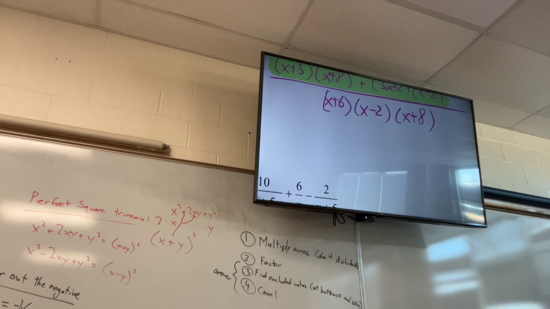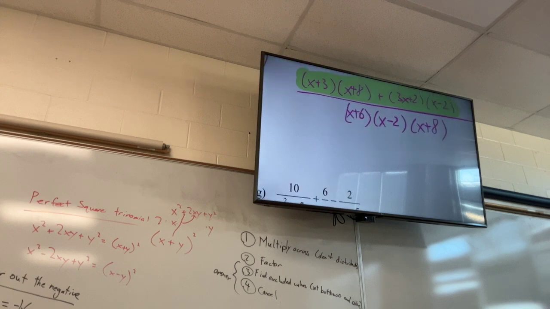So at this point, we can get our excluded values. We just don't know if anything cancels. We have to expand these out. First, outer, inner, last.